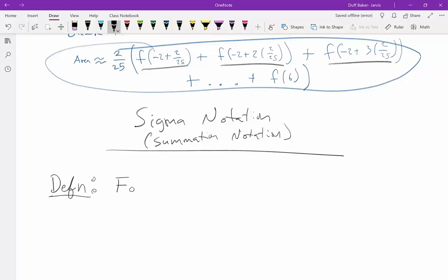So for a function f and two whole numbers, let's say we have m and n is bigger.